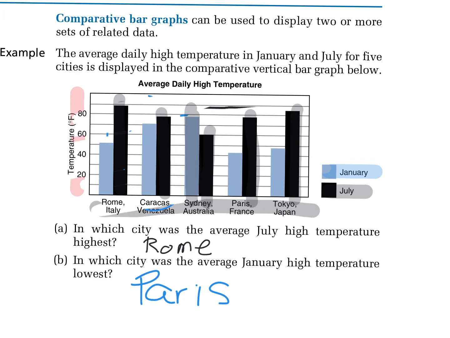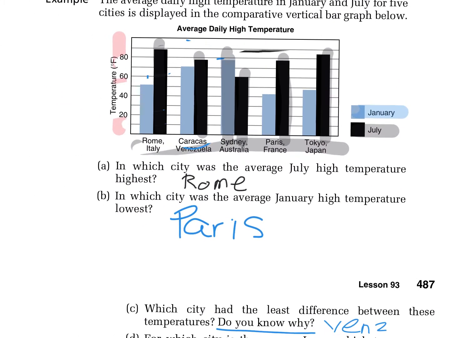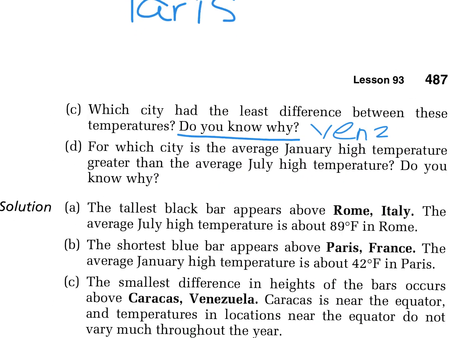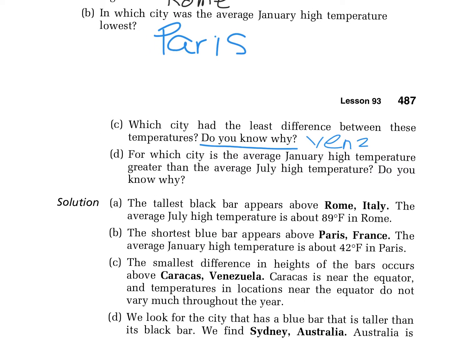And the way we know that is because the blue is higher than the black bar here on the graph, but also the reason why that is because Australia is below the equator, and they have their, I'm trying to get the words out, their summer and winter are switched, so when we have summer, they have winter, vice versa.